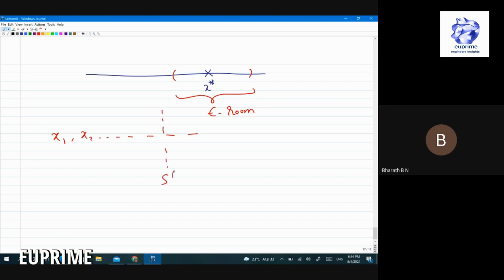So this is a stage. Let me call it n epsilon, okay? That means all the sequence, for example, x n epsilon, x n epsilon plus 1, and so on, will all lie in this epsilon room, okay? Right? It should stay there forever.